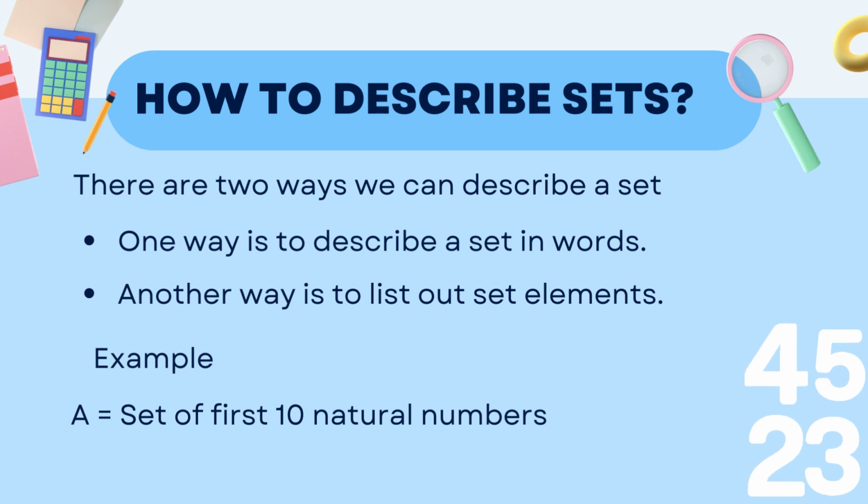As you can see over here, A = {, you open up the curly brackets and list down the elements. And as we know what elements are, they're basically the members of a set. So over here in this statement, 1, 2, 3, and so forth till 10 represents the elements of a set.